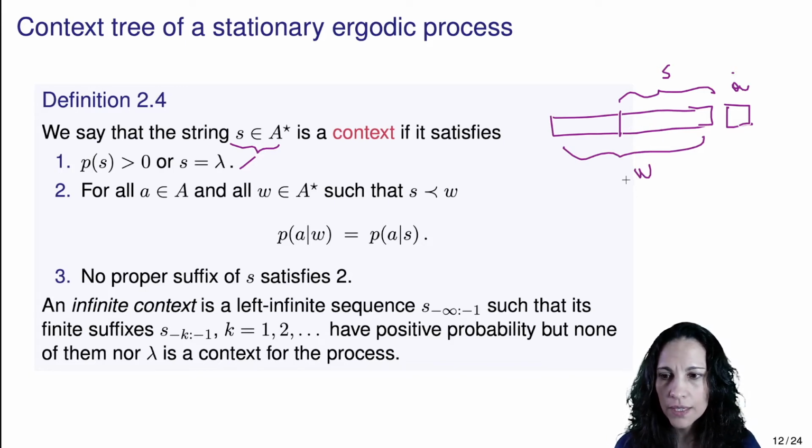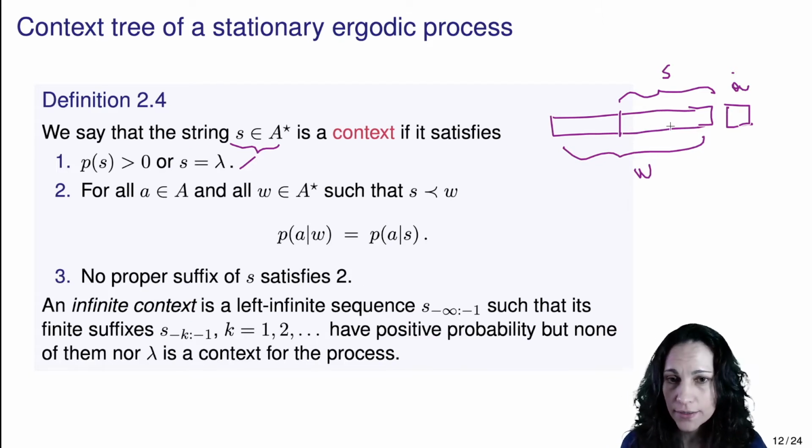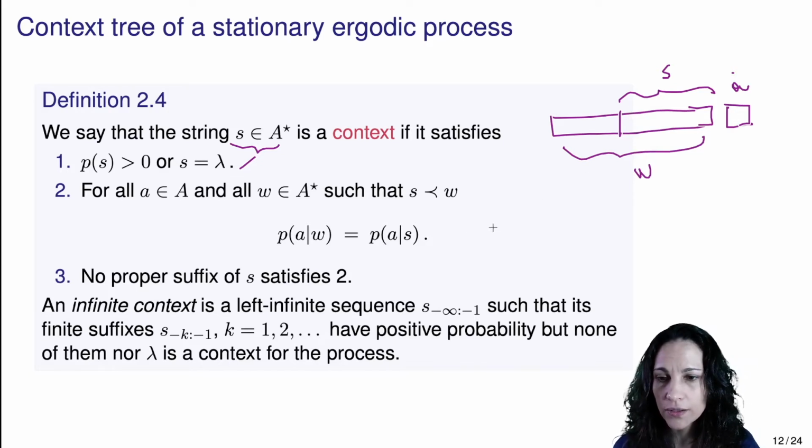Okay? And condition 3 says that no proper suffix of S satisfies condition 2. That means that S is the smallest sequence satisfying these conditions. So points 1 to 3 define what a finite context is, but we also need the notion of infinite context.